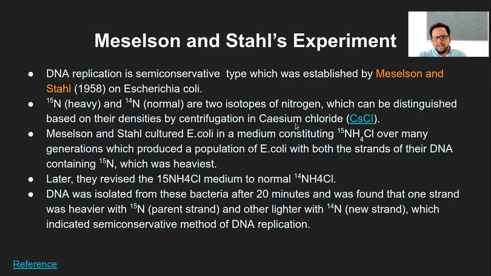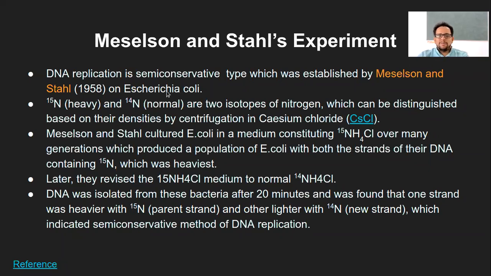This fact was first established in 1958 by Meselson and Stahl. It is well known as Stahl's experiment, but in general it is Meselson and Stahl's experiment. If you find an explanation of Stahl's experiment somewhere, it means the same experiment.